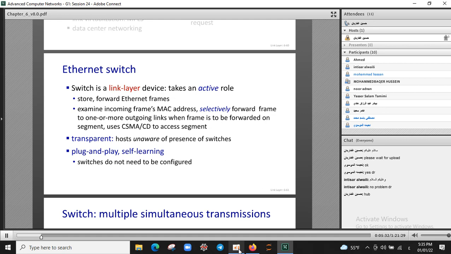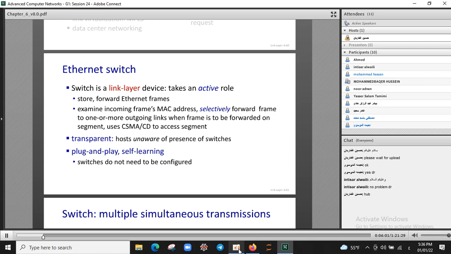But the switch works on layer 2, the data link layer. In layer 2, we have frames, and we have the MAC address, the address in layer 2, or physical address. So a switch can understand frames, especially Ethernet frames.